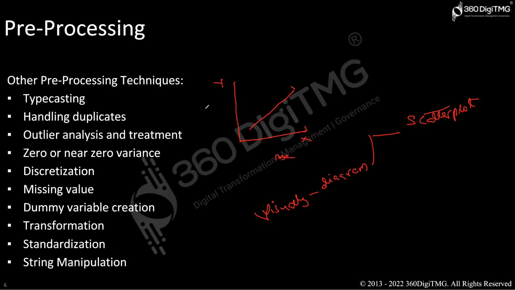For example, take experience and income. If X is increasing, that means the experience is increasing. What impact is happening on the y-axis? X is increasing, Y is also increasing or decreasing, any impact.